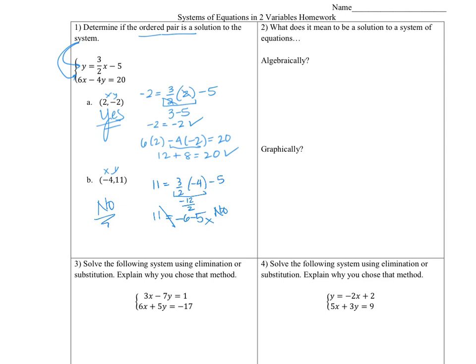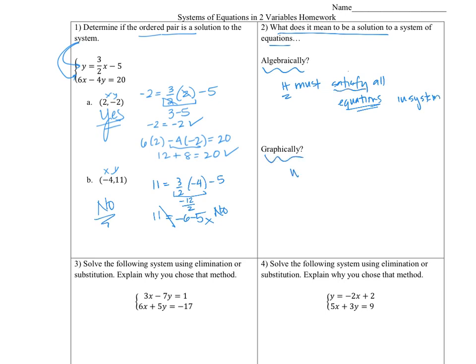So looking at part 2, again, what does it mean to be a solution to a system? So algebraically, the solution must satisfy all equations in the system, which satisfy means that it will make them true.